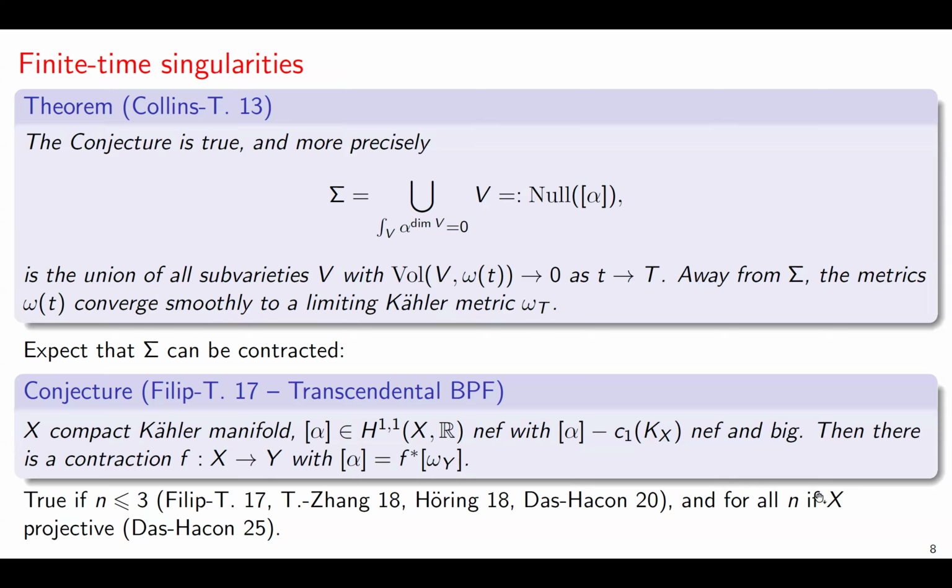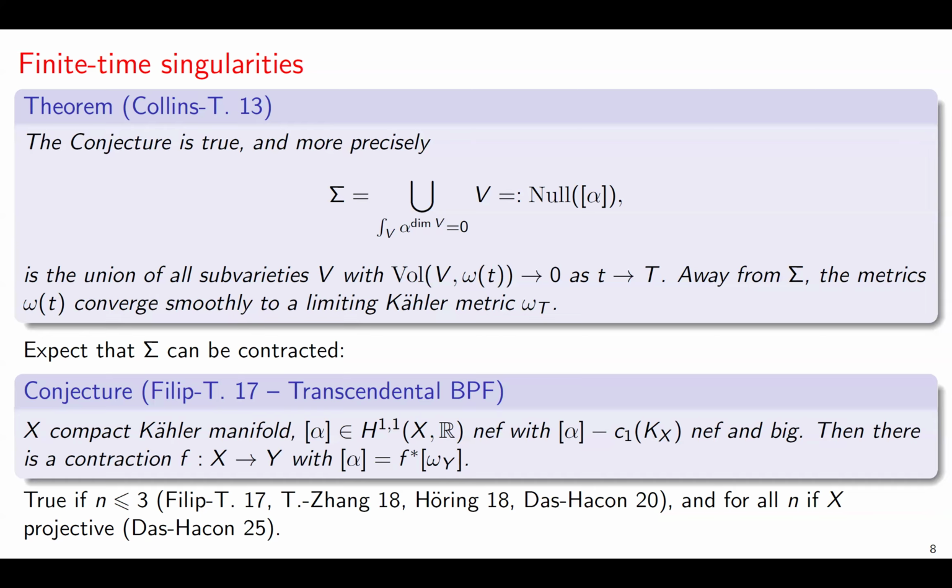And in higher dimensions, if the manifold is projective, the same authors more recently covered that case also. So I think Christopher has an approach to prove this in general, and maybe he even spoke about this in the previous talk here. So I will defer to him if you have questions about this. But certainly it sounds like there's a lot of progress on this conjecture, and it hopefully will be settled soon.